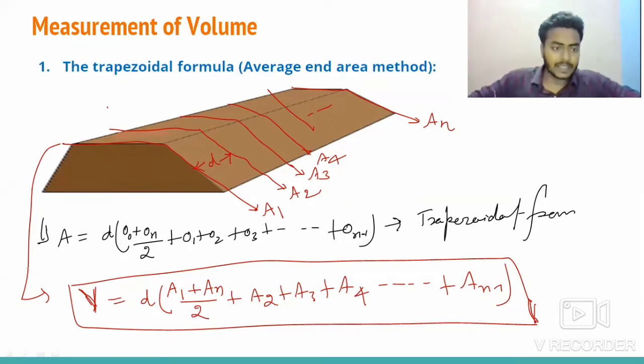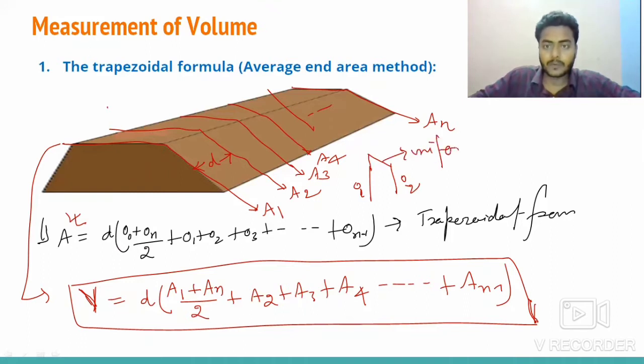What was the assumption to calculate the area? The assumption was that the ground between two ordinates will have a uniform slope. Suppose the ordinates are O0, O1, O2, so the ground will be like a uniform slope.